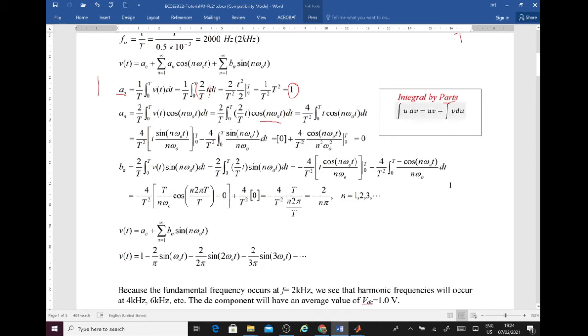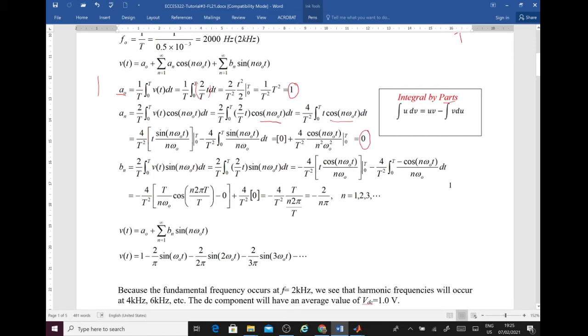Then the result will be equal to u, which is t, times v, which is the integral of dv. So the integral of cosine will be sine n omega t over n omega, then minus again the integral of v, which is again sine n omega t over n omega, times the derivative of the first, which is dt. The result will be 0 for A_n.